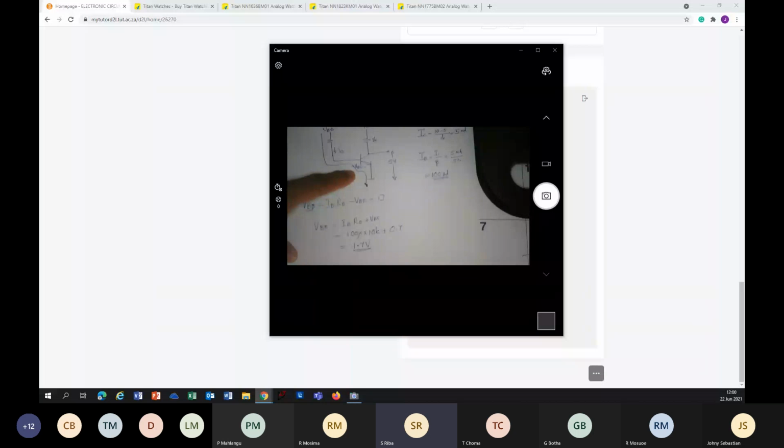If we don't have VCE, do we have to use the 0.7? VCE has nothing to do with VBE.